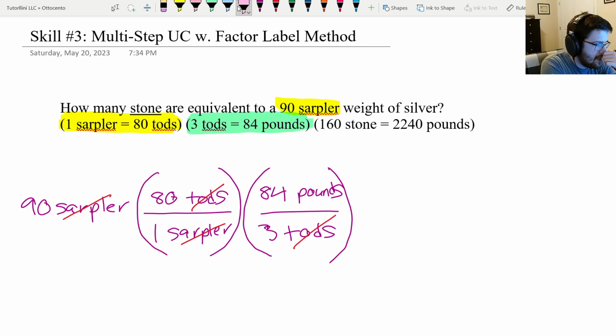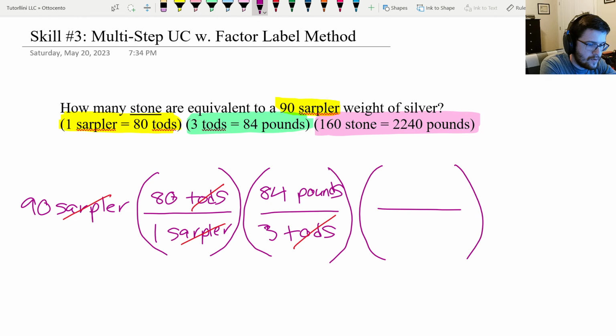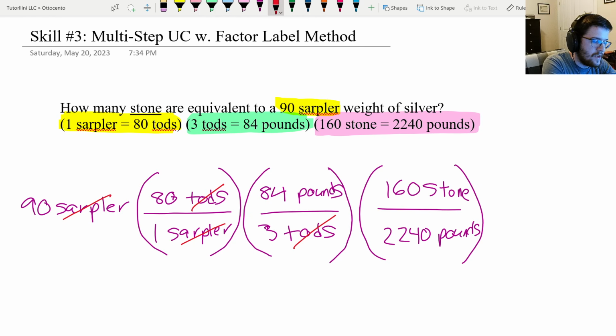So we want to use a unit conversion with pounds in it, which is this one. So now we're going to come over here, and I'm going to put 2240 pounds on the bottom and 160 stone on the top.